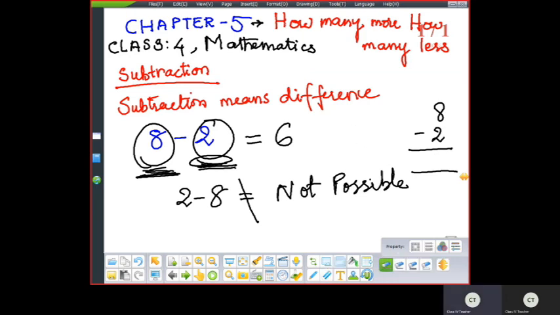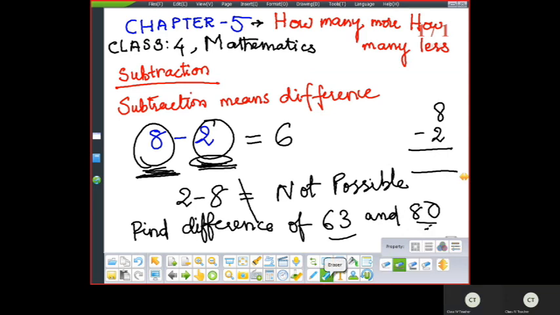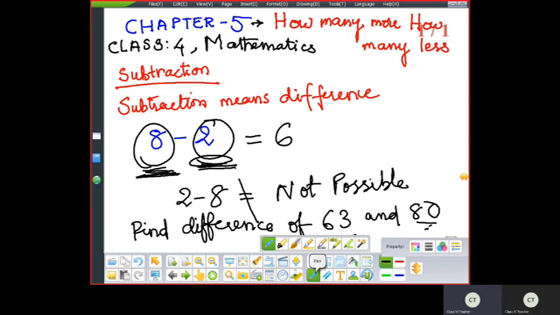If they gave you, find the difference of 63 and 80, what will you do? Here the numbers are not arranged in a proper way. First you have to get the big number. So by seeing the problem, you arrange the numbers your way.